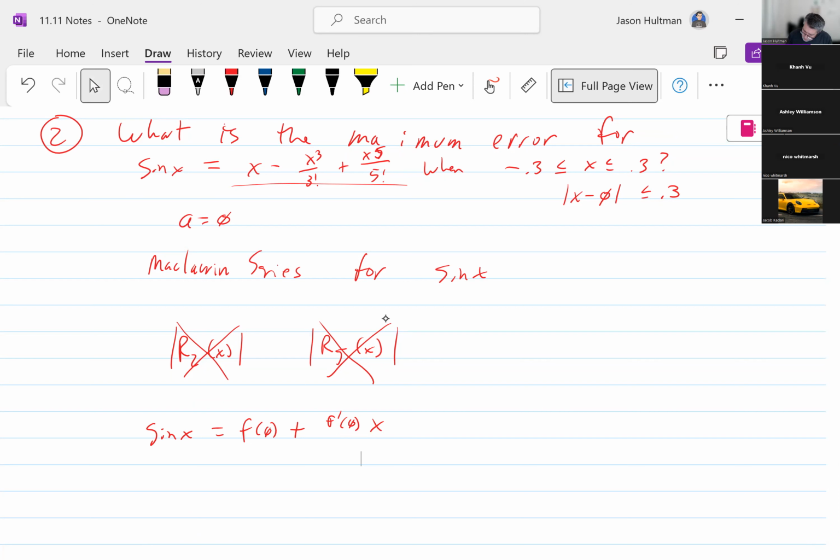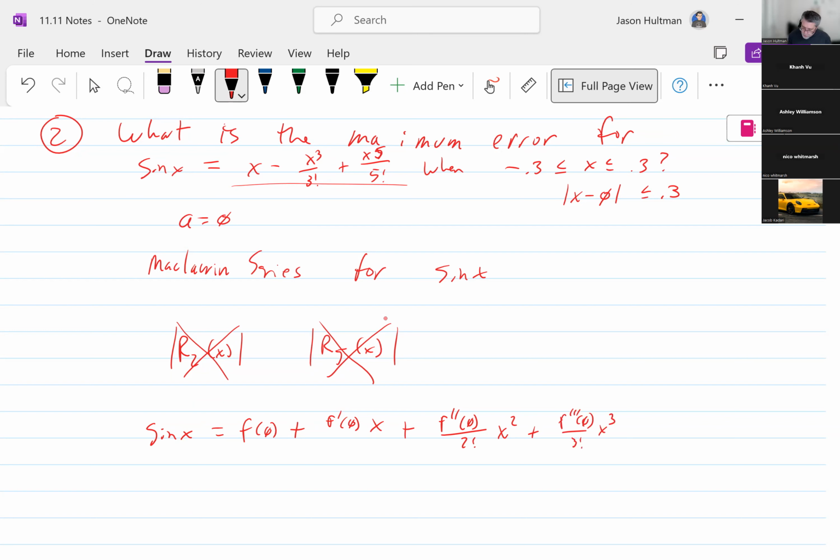We'll just keep going: f double prime evaluated at 0 over 2 factorial X squared plus f triple prime of 0 over 3 factorial X cubed.